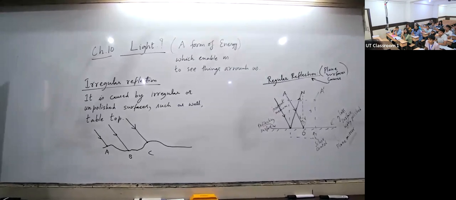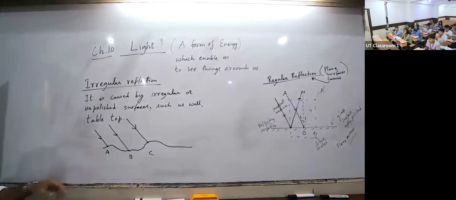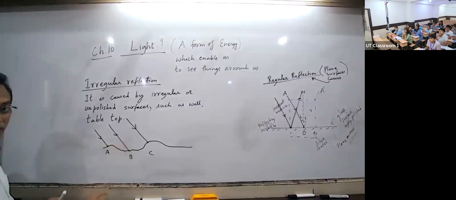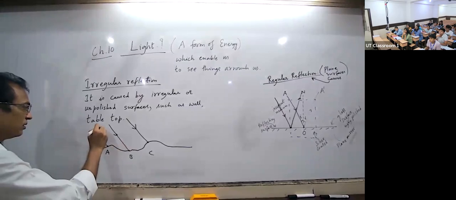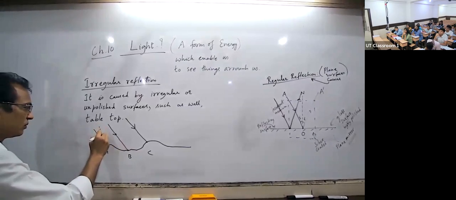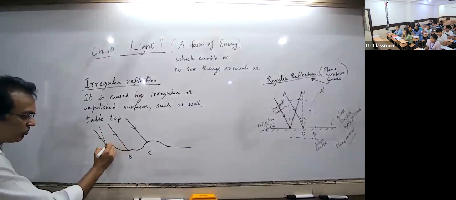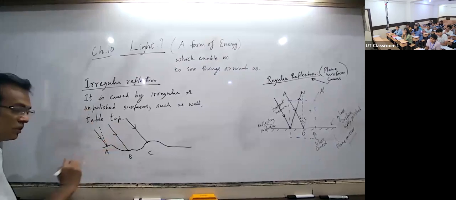This is a curved surface, right? This is almost a plane surface, so you can take a normal perpendicular. Because this is irregular, some part of it could be straight also. So I just dropped a normal.